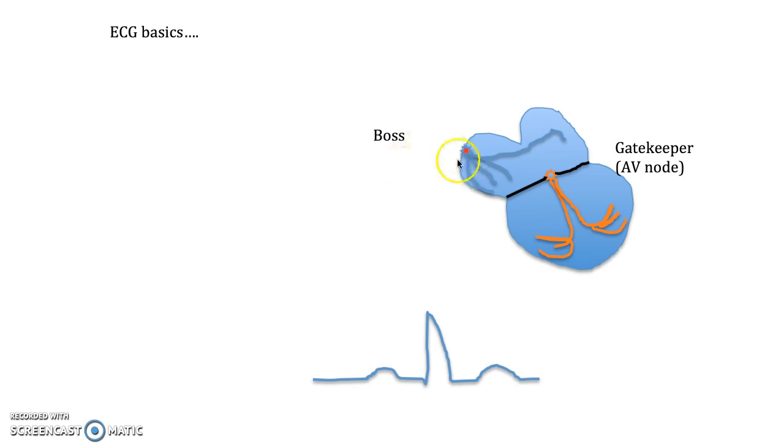Okay, so what happens is the boss releases this electrical impulse and it's like it sends lots of bees flying across the atria, and as it's doing that, it forces the atria to contract, okay? So then the electrical signal gets down to the AV node, which I like to call the gatekeeper. The reason why it's called the gatekeeper in my world is because it's there to allow a pause, okay?